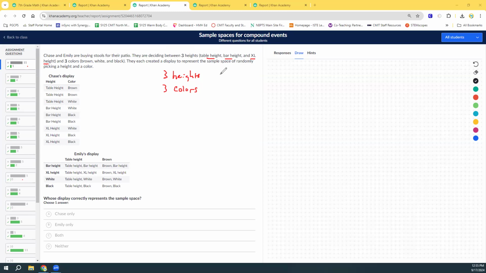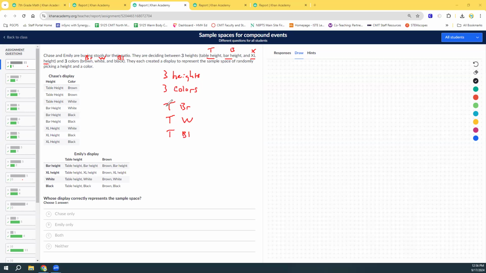So what you need to know is when you are creating the list of possibilities, you want to do so in an organized fashion. So I could call this T, B, and X. And I could call this BR, W, and BL. So we could get a table height that is brown. We could get a table height that is white. We could get a table height that is black.